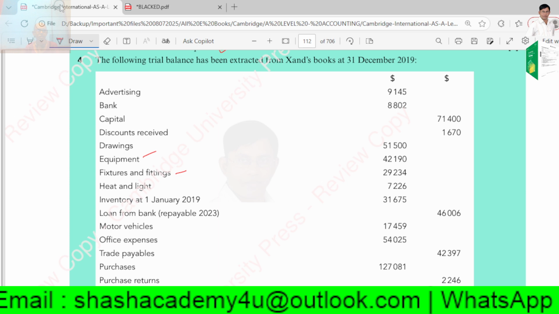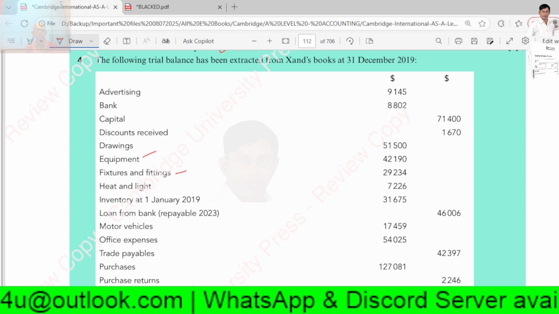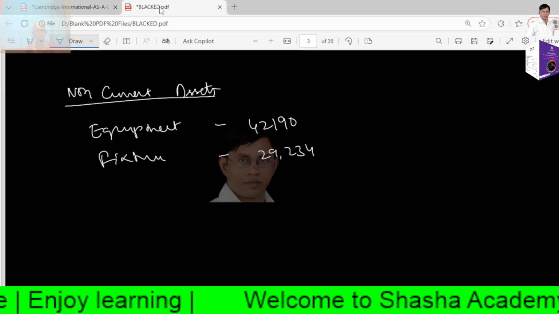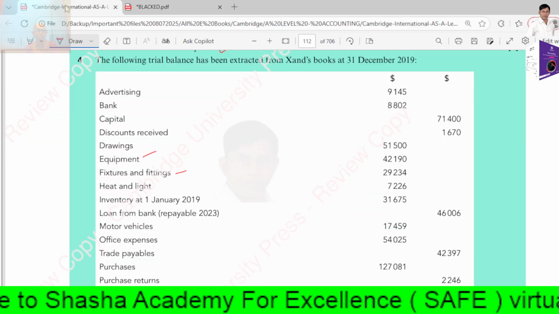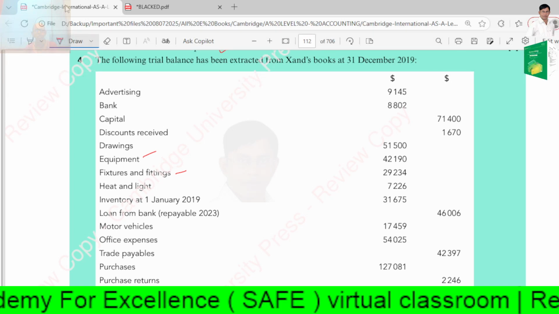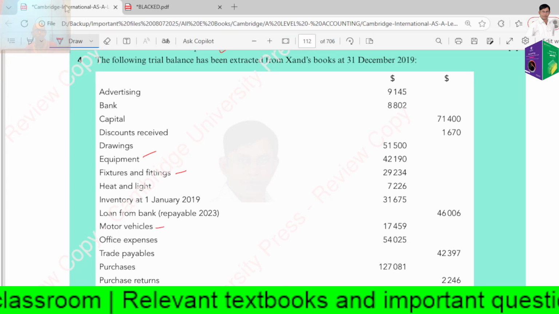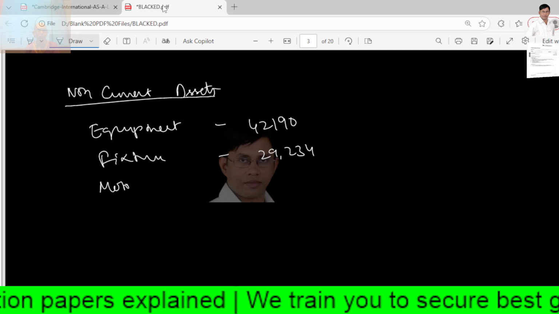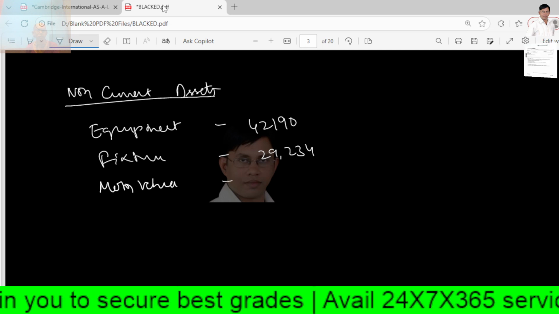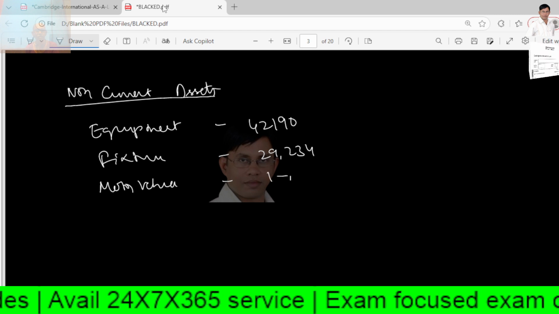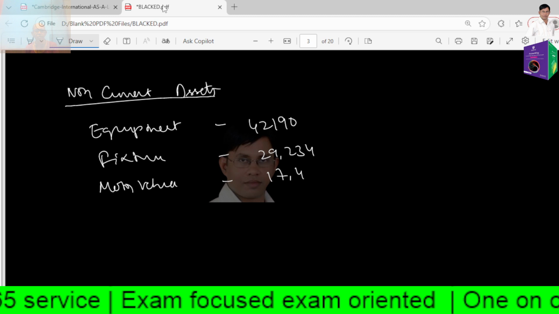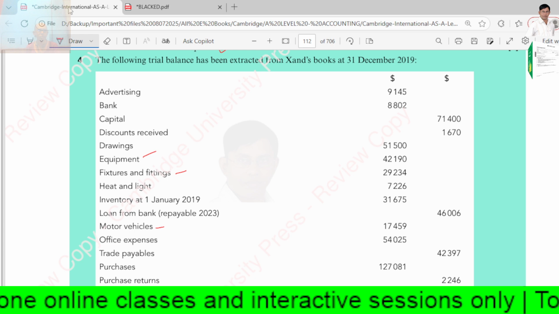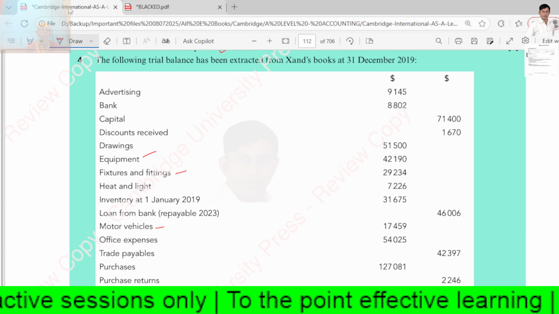Fixtures is 29,234. Motor vehicles is here, 17,459. So that's all. No other is correct. So these are the non-current assets.